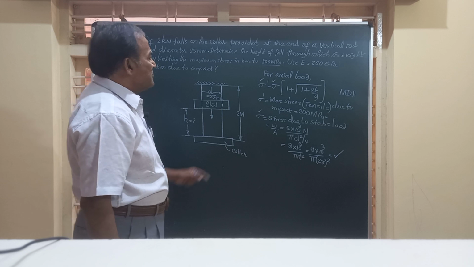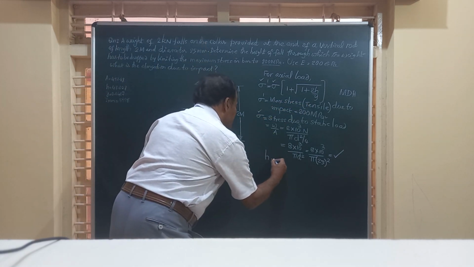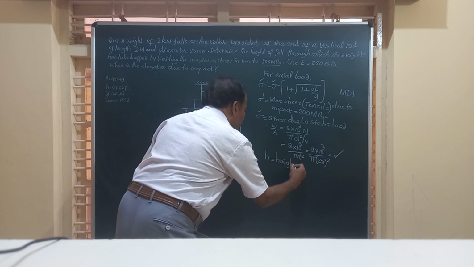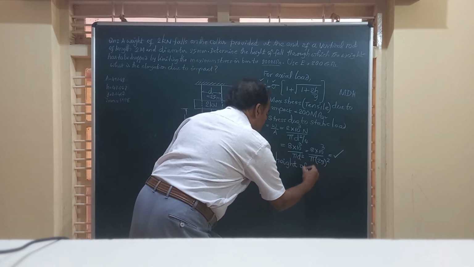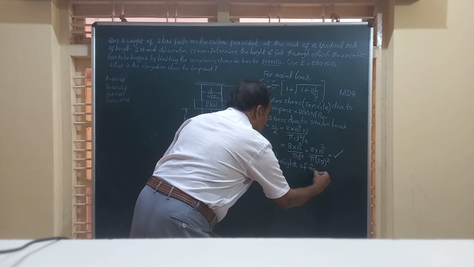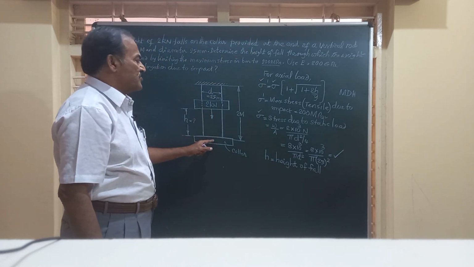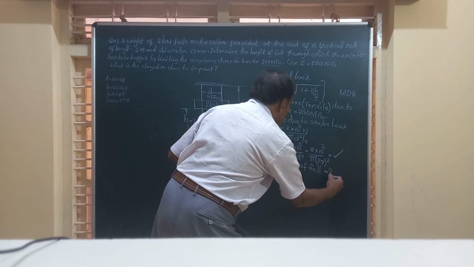Then friends, we have this term h. H is the height of fall, or the height from which the load is to be dropped onto this collar. Height of drop or height of fall, or the height to which the weight falls onto the collar. That is to be found out, asked in the question.